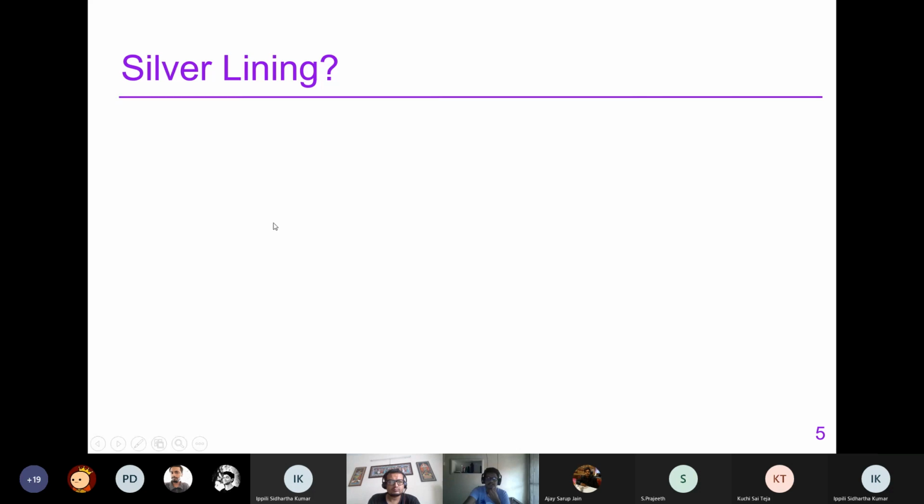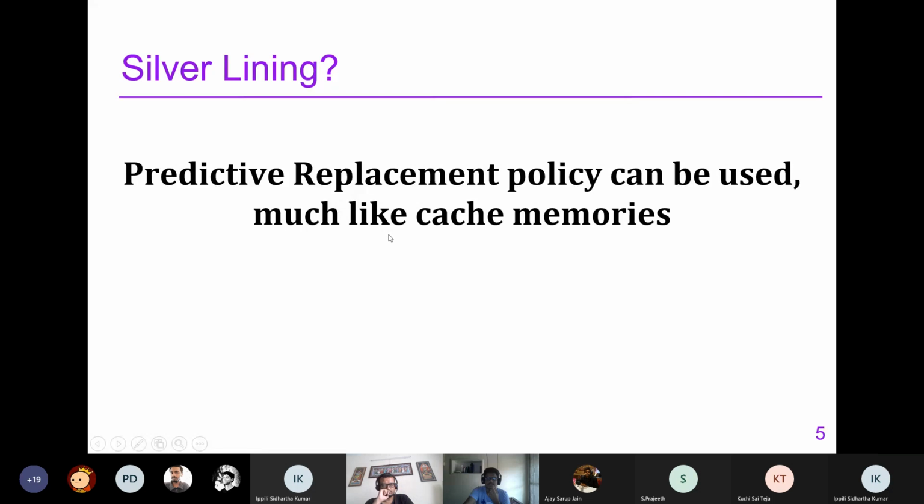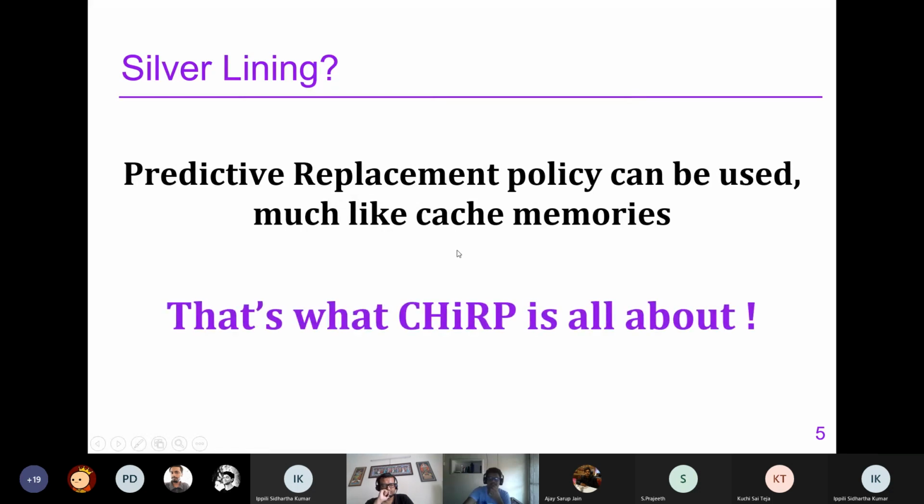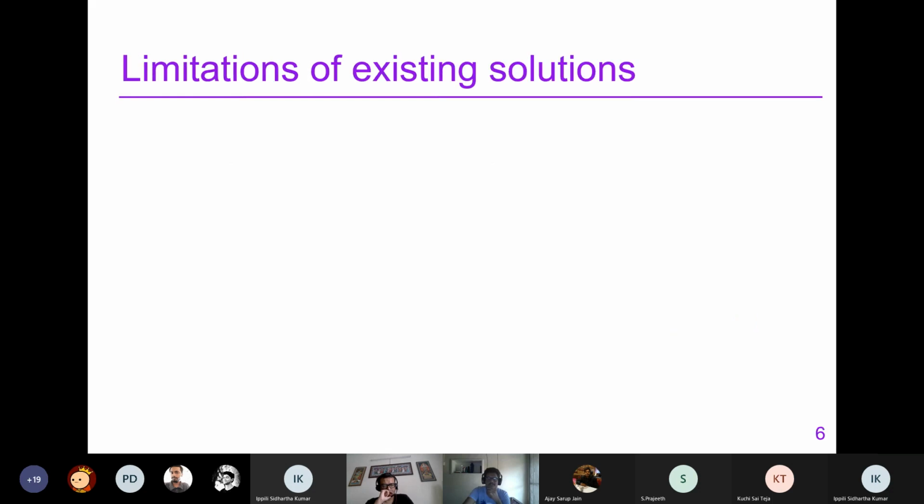That constitutes the predictive replacement policies that are currently being used in cache memories, and CHIRP tries to emulate them for the TLB. As TLB behavior is different from cache behavior, the difference will be significant. And as we have shown before, CHIRP is better than the solutions in the second slide.